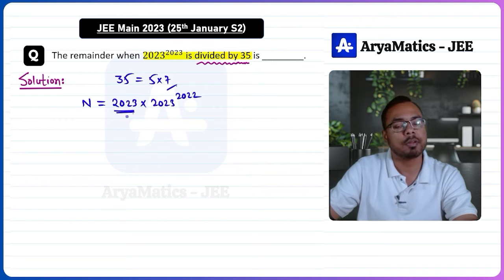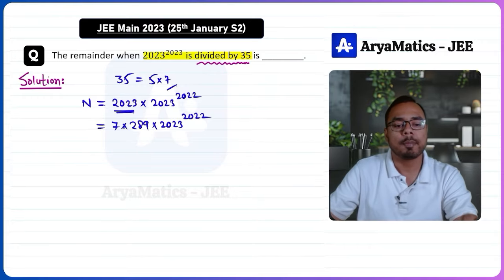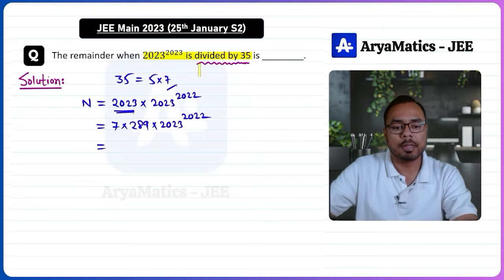Because this is a multiple of 7. In fact, you can write this number as 7 into 289, and this multiplied by 2023 raised to 2022, right?